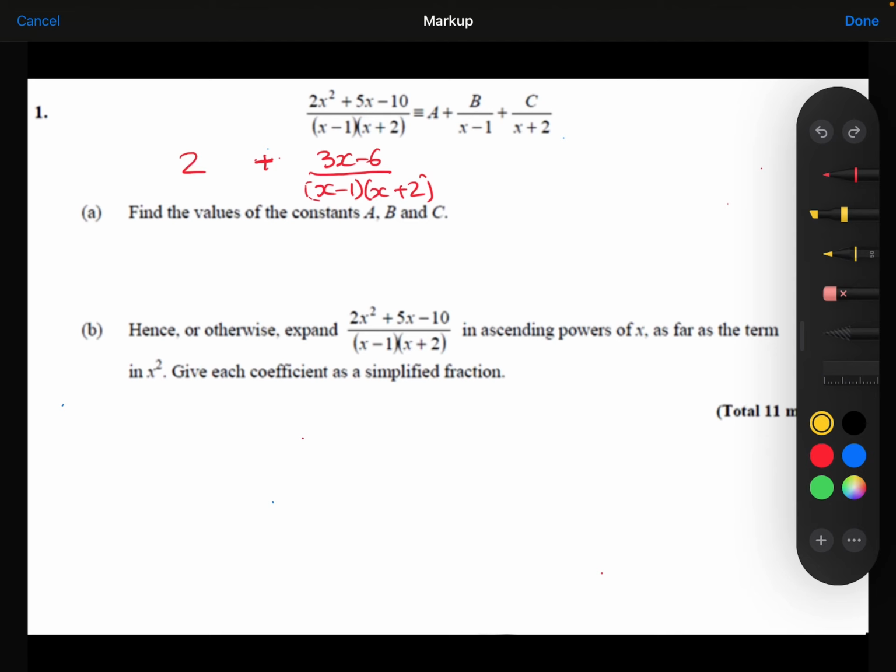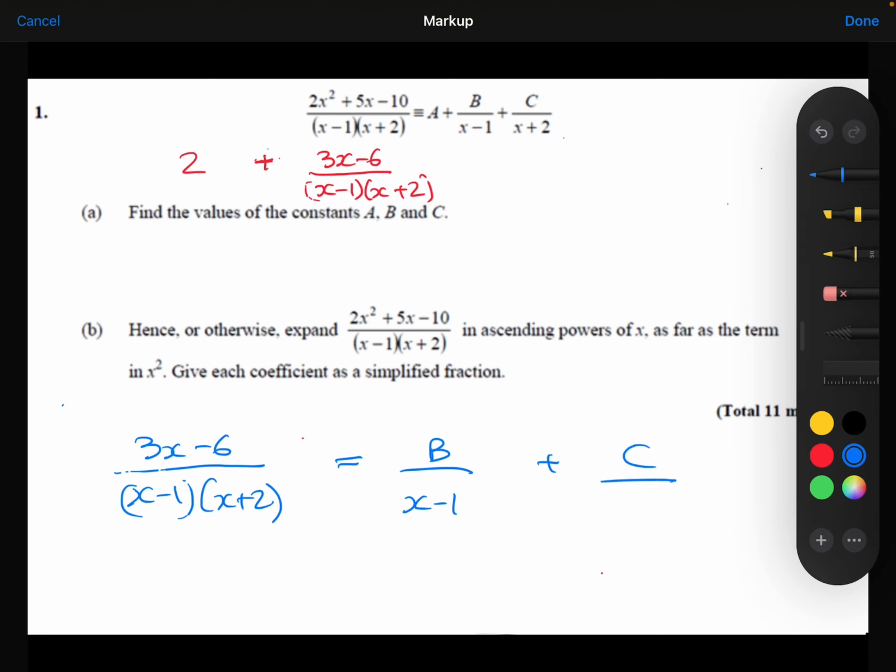What we need to do now is split this up into its partial fractions, b over x minus 1 plus c over x plus 2. So let's do that. (3x − 6) / ((x − 1)(x + 2)) splits into b/(x − 1) + c/(x + 2).